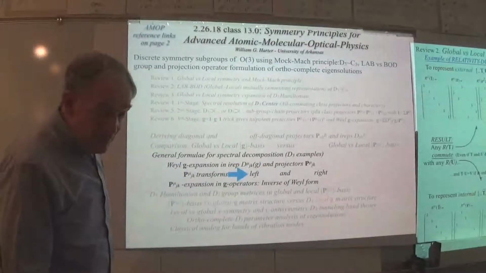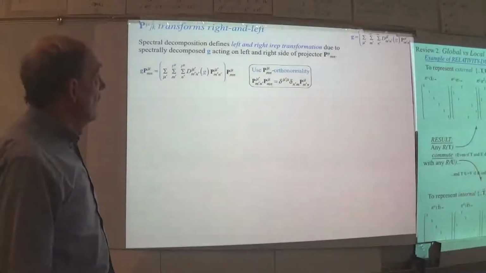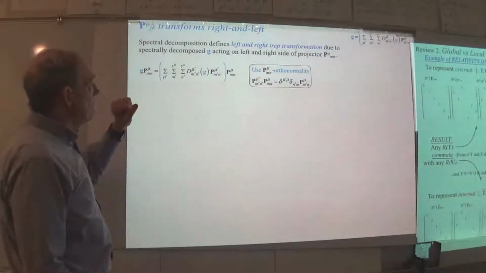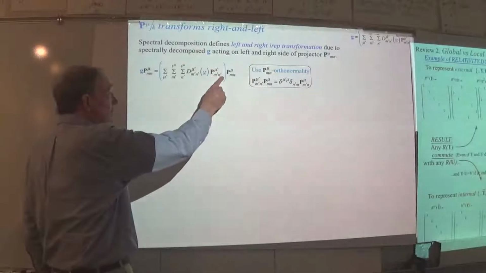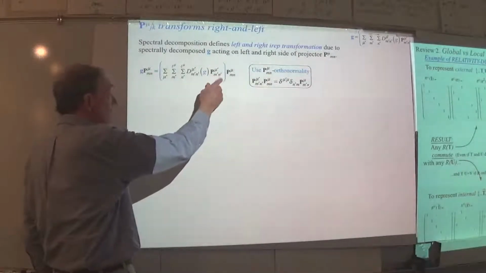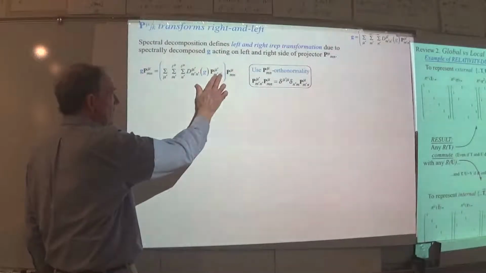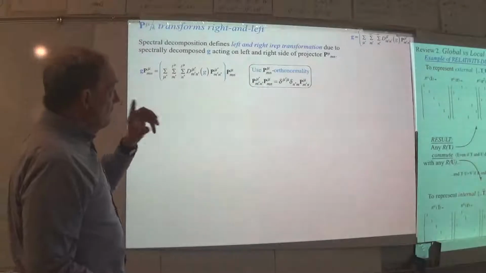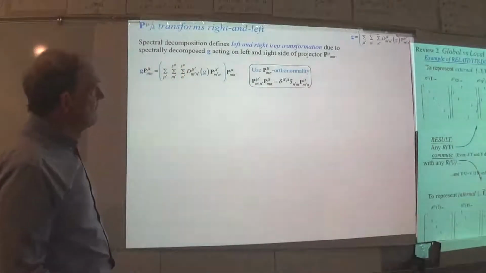Okay, and that's what makes the global local algebra important. So if I apply a G here, and the G is a linear combination of all of the projectors, nilpotent and otherwise. These guys are nilpotent if the numbers are not the same. And there's the algebra right there, written out in fancy ways.